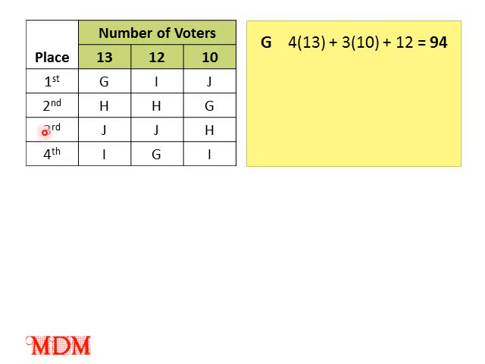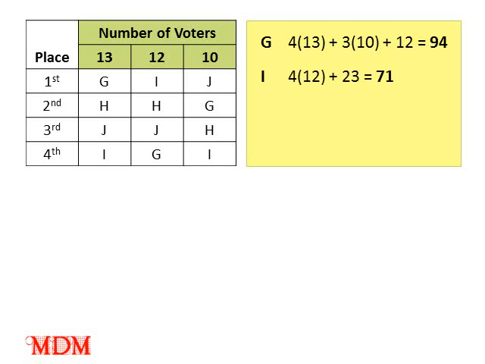And as we look at third place votes, George is not listed here at all, so we're not going to multiply any number by 2. And then finally, for fourth place votes, George has 12. Multiplying 1 times 12 will give us 12. And as we do the arithmetic here, we see that George has 94 as his Borda count.